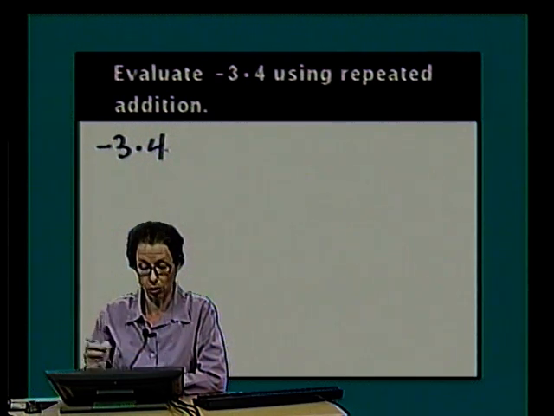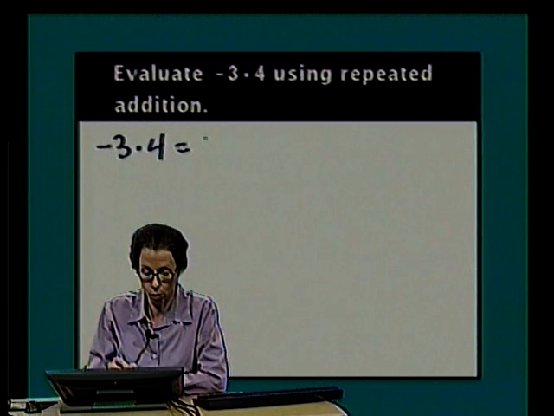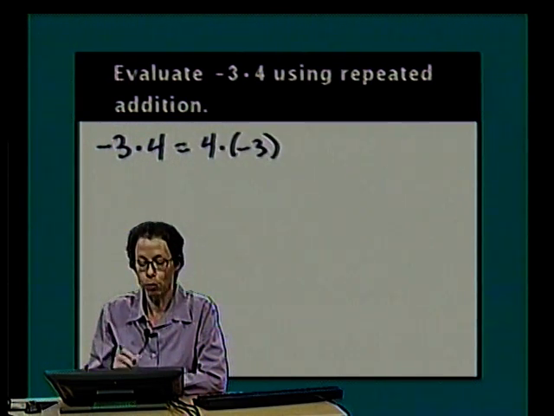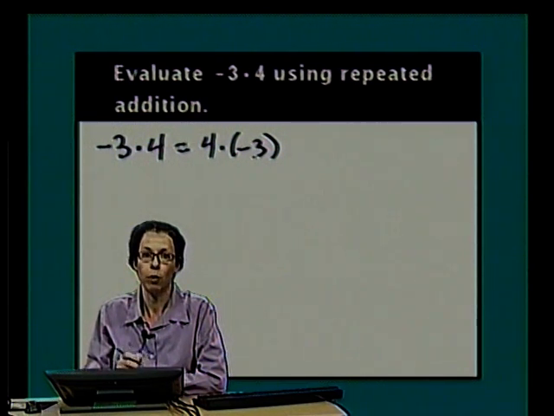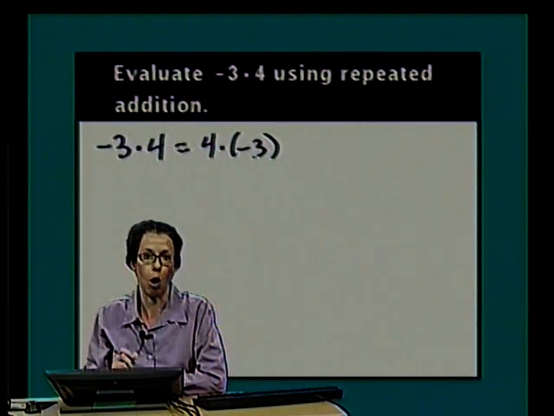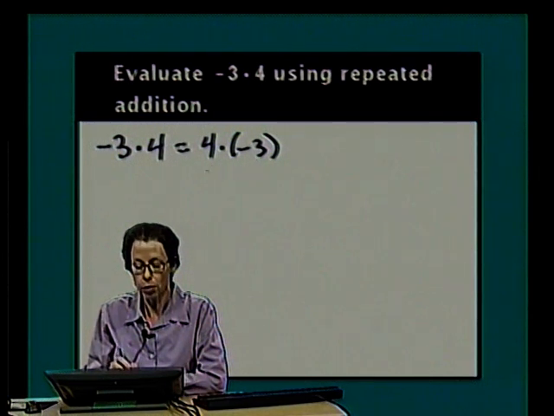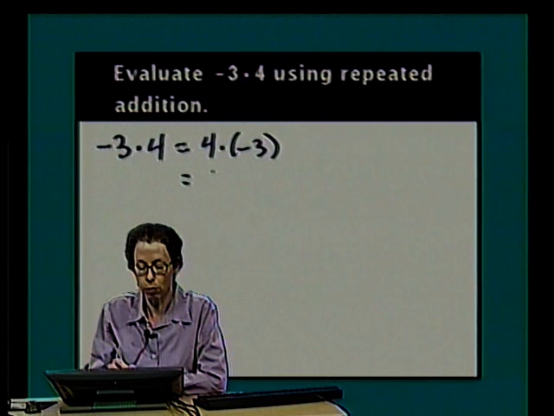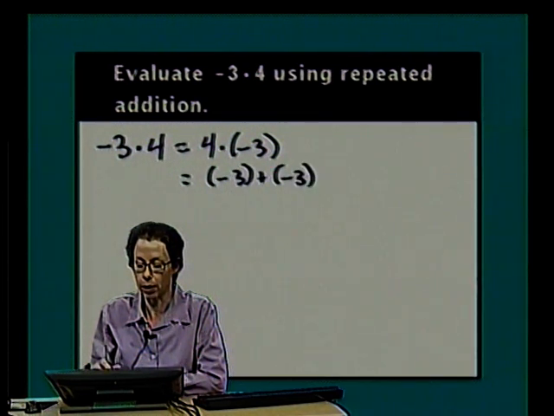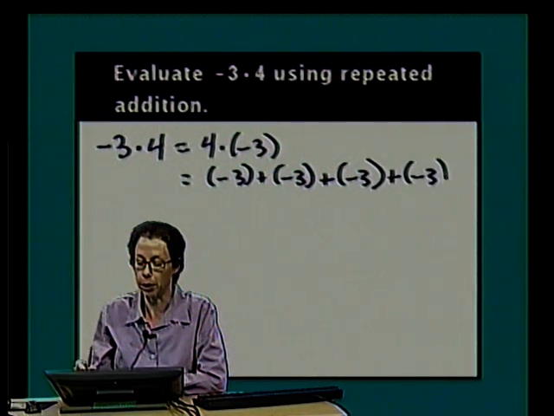So what I'm going to do is change the order of the factors and write the same problem as 4 times -3. We've been doing this with multiplication all along. So this would mean 4 occurrences of -3, which I can write as -3 plus -3 plus -3 plus -3.